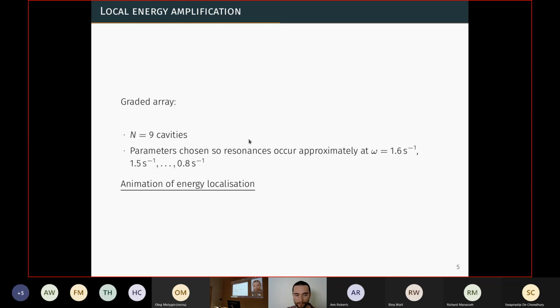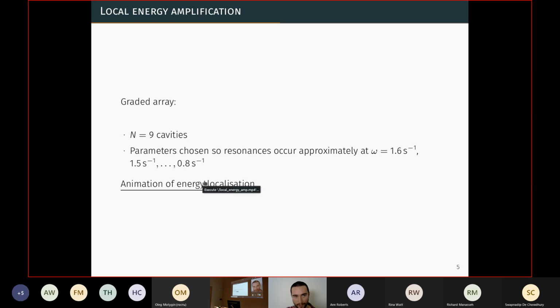The resonance of the second cavity should occur at 1.5 per second, and so on, all the way down to 0.8 per second. So the cavities should be getting bigger and bigger to account for this.